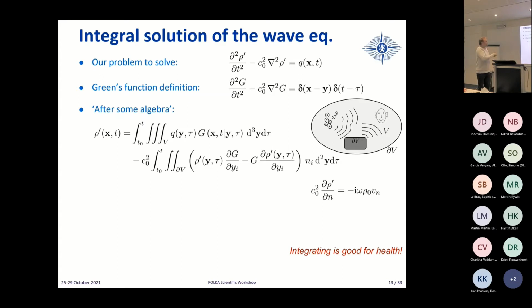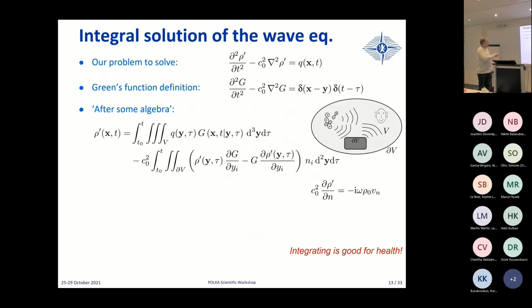But then you have another surface that must exclude the solid body. Why do you need to exclude the solid body? Because remember, this is all obtained from Navier-Stokes equations. You would not apply Navier-Stokes equations inside of the table, you would apply solid mechanics equations. So if you want your equations to be valid, you need to exclude the region of the domain where they are not valid. That's how you end up with this boundary here.